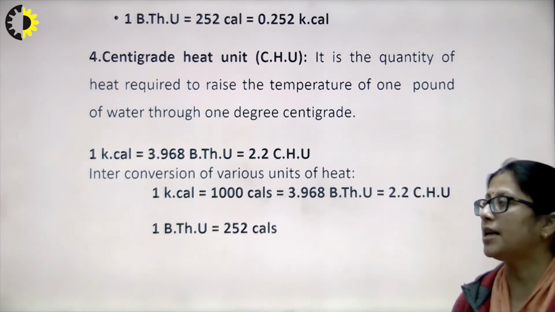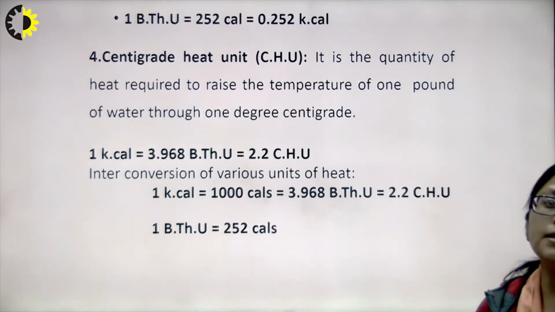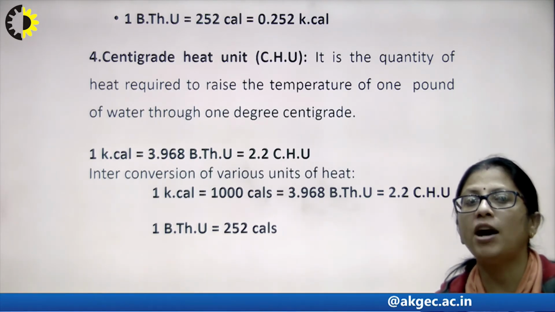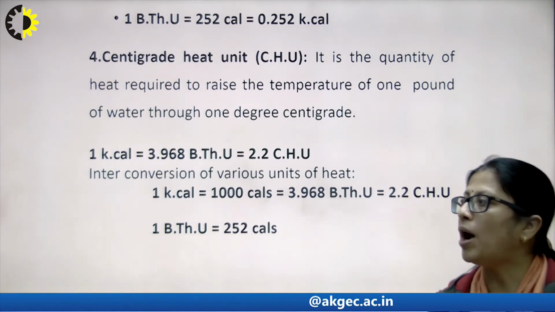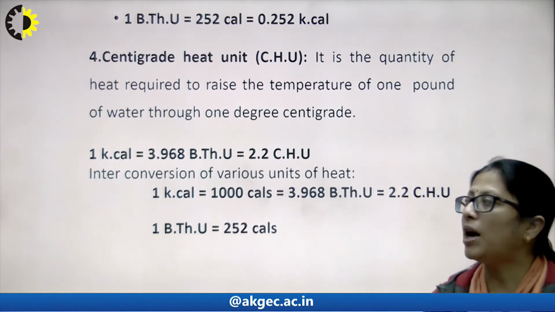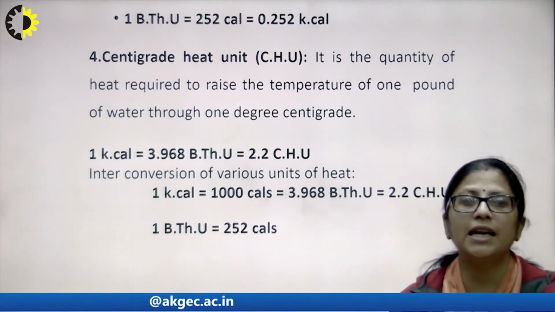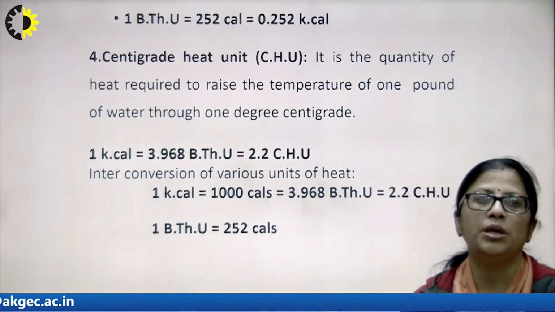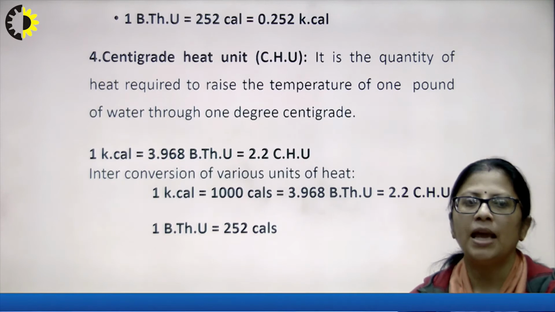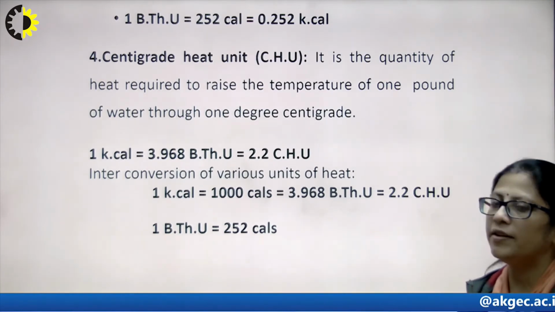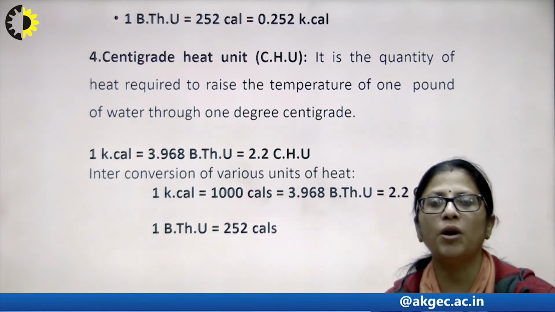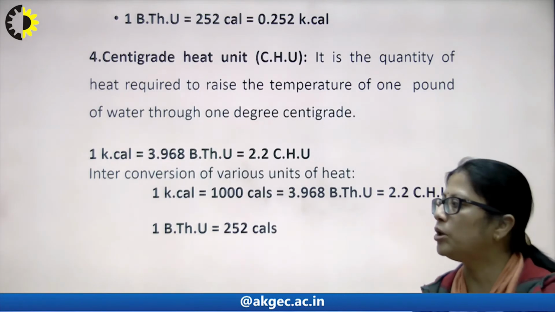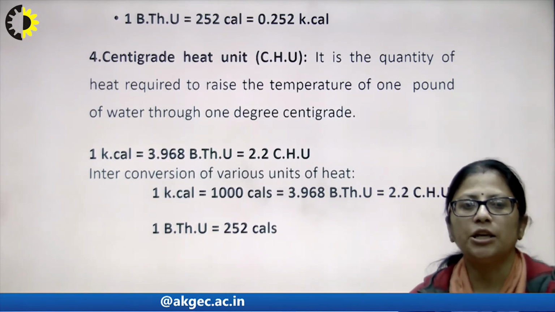Next we have the centigrade heat unit, CHU, which is the quantity of heat required to raise the temperature of 1 pound of water through 1 degree centigrade, and 1 kilocalorie is equal to 3.968 British thermal units, and also equal to 2.2 centigrade heat units. For interconversion of various units, 1 kilocalorie is equal to 1000 calories, which is equal to 3.968 British thermal units, and equal to 2.2 centigrade heat units.